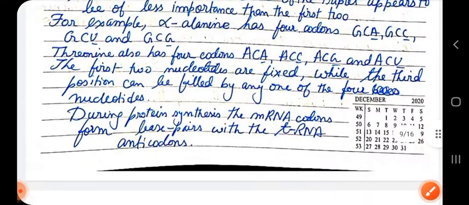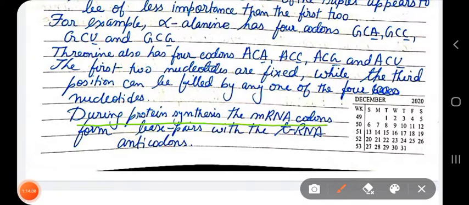During protein synthesis, the mRNA codons form base pairs with the tRNA anticodons. As the third nucleotide of the codon has less importance in specifying a particular amino acid, this will be helpful when that particular codon pairs with the particular tRNA molecule.